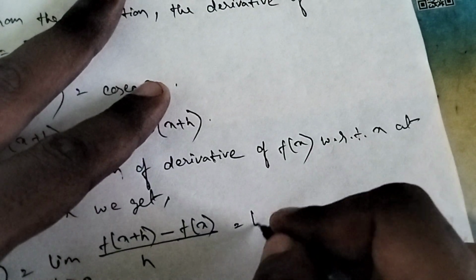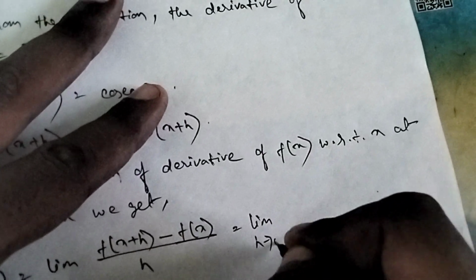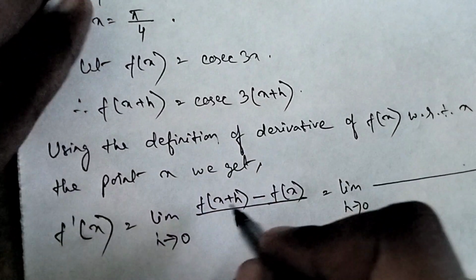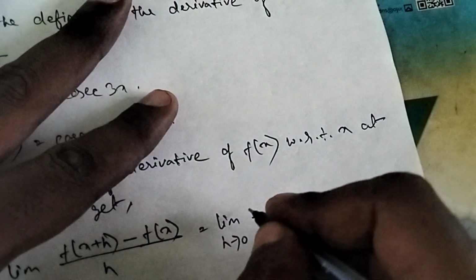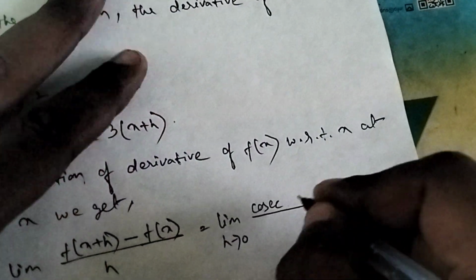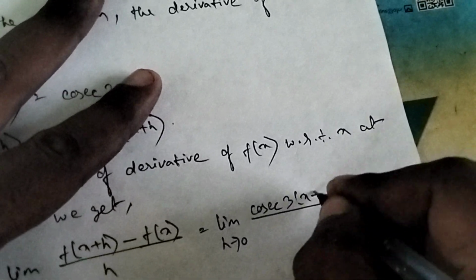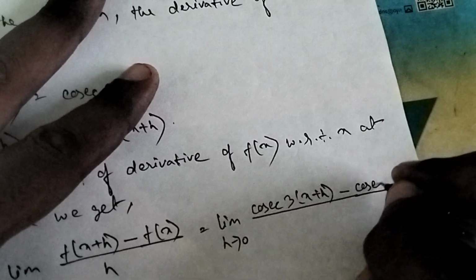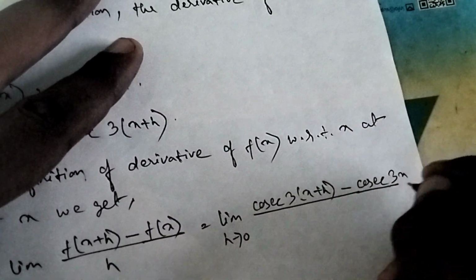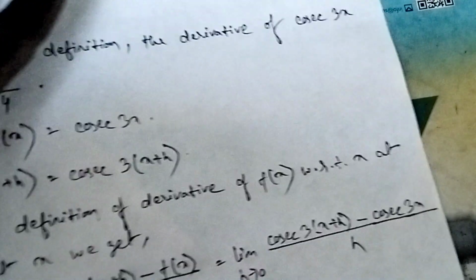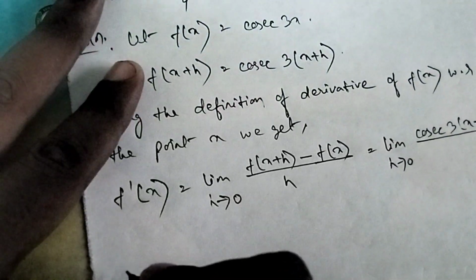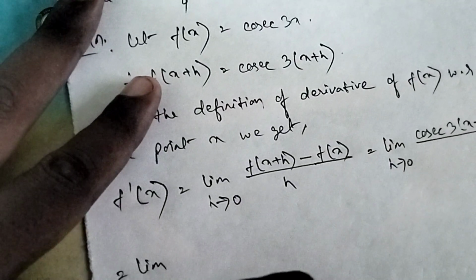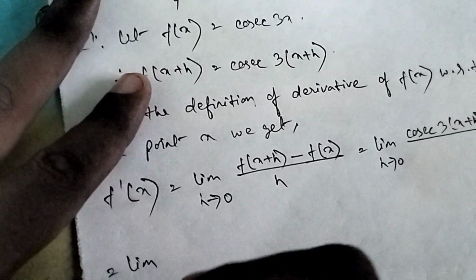So it would be limit h tends to 0, f(x plus h) is cosec 3 into (x plus h) minus cosec 3x by h.